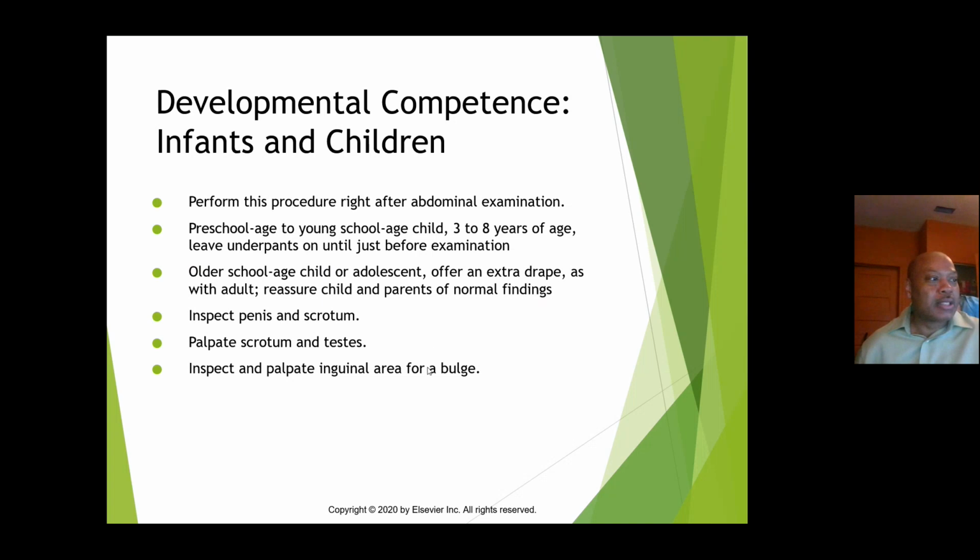We're inspecting the penis and the scrotum. We're palpating the scrotum and testes, and also inspecting and palpating the inguinal area for a bulge. These young kids are lifting weights, and so they can develop a hernia. So it's really important to evaluate. This information can be found on pages 698 to 700. All right.